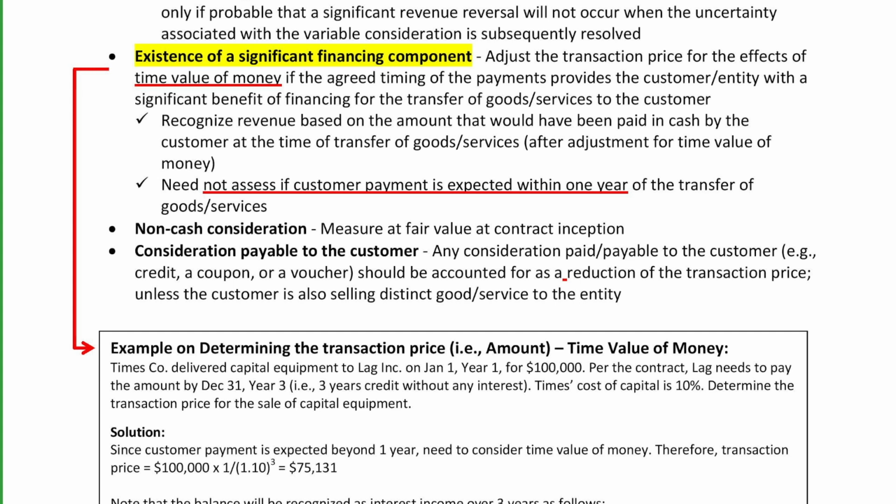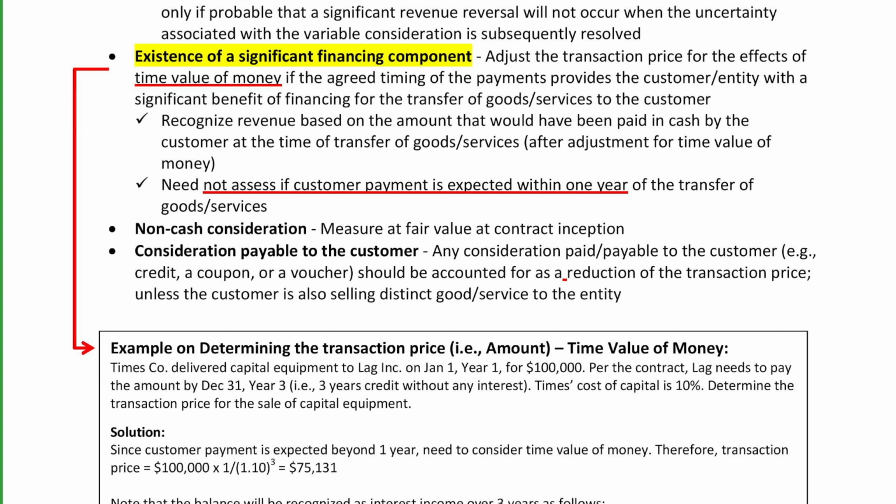So you've got Times Company who delivered capital equipment to LAG on Jan 1st, year 1 for $100,000. As per the contract, LAG needs to pay the amount by December 31st, year 3, which means that here we have 3-year credit terms without any interest.